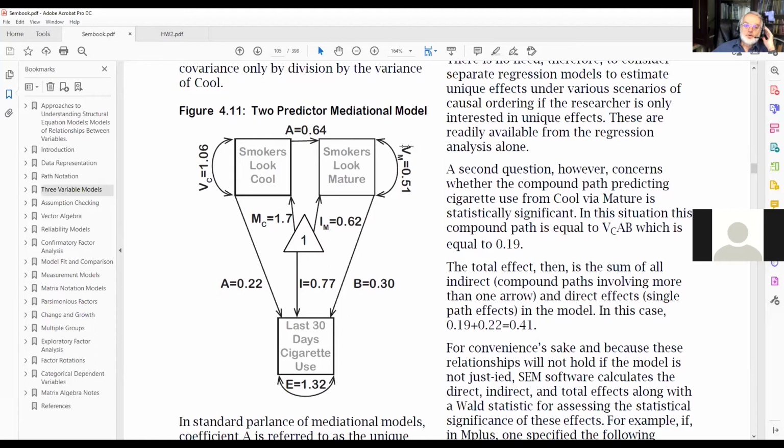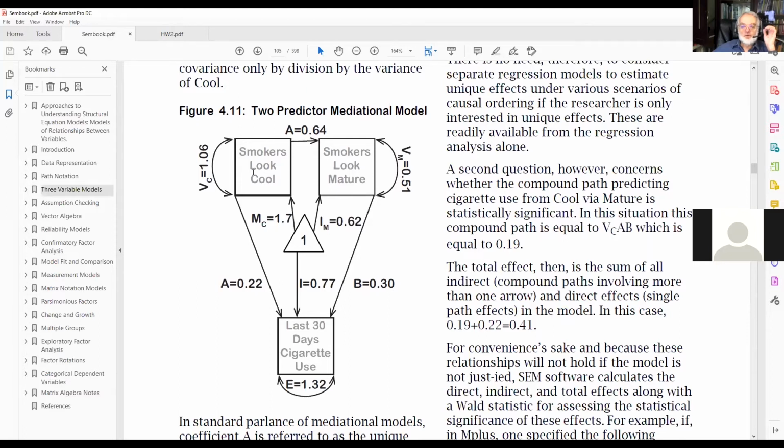Let's try to figure out what this 0.51 means. Well, I'm sorry, let me take that back. Let's talk about this 0.64. What does this diagram say about the covariance of smokers look cool and smokers look mature?